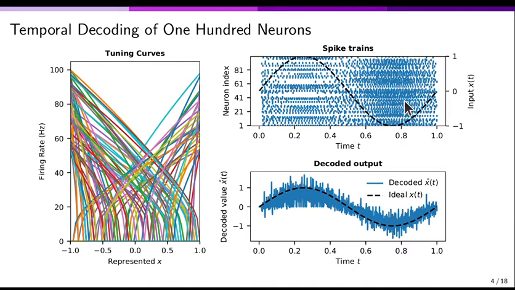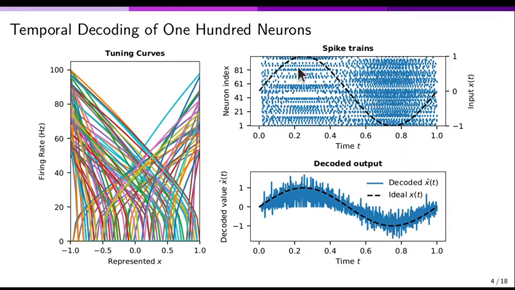The smaller I make the time step, the number of spikes is going to be pretty much the same, because these neurons are going to fire at most 100 hertz.